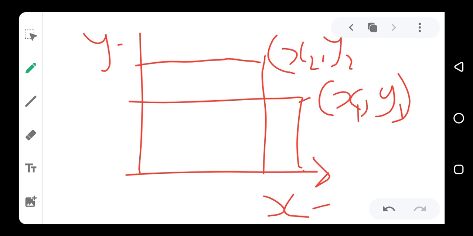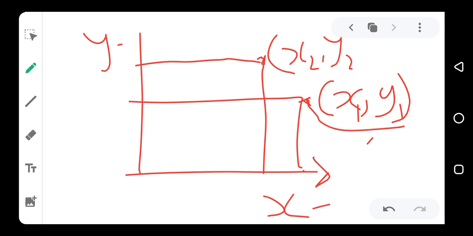Now let's look at distance between 2 points. Assuming that this one is a point, each junction is called a point. So this place is a point and this place is also a point. Now assume you want to find the distance between these 2 points.